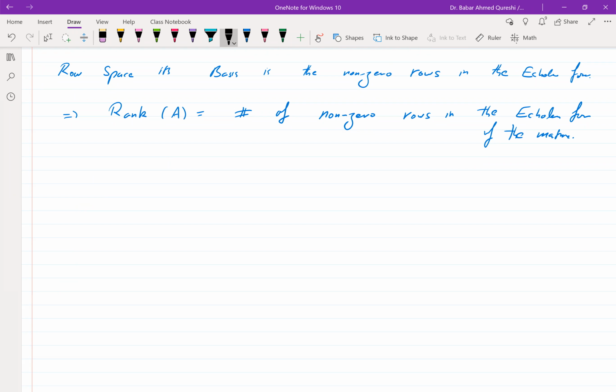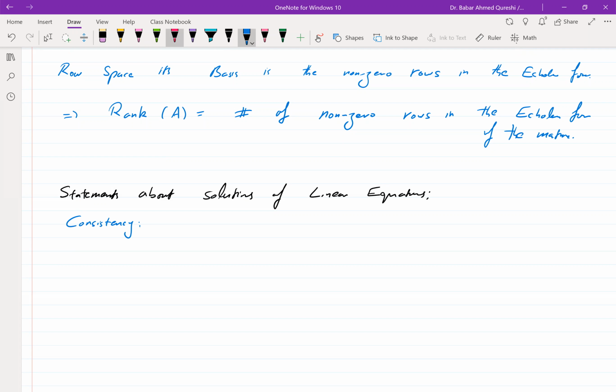But now we can make some statements based on these row spaces and column spaces, some statements about solutions of linear equations. So first you have a statement about consistency.